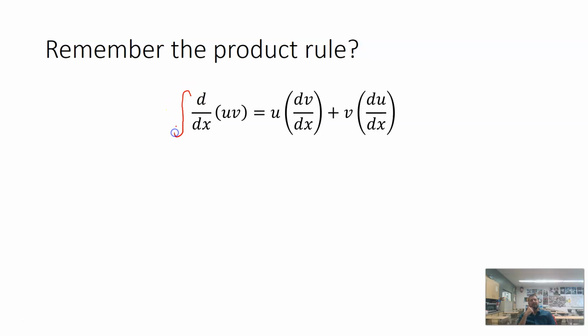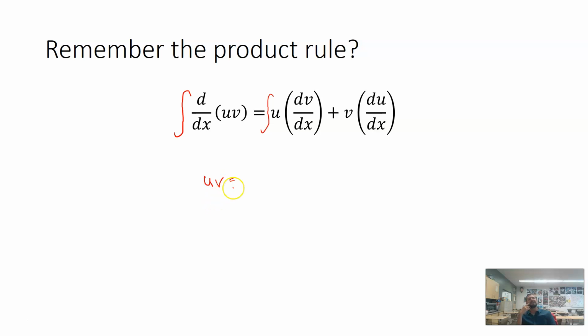What we could do is take the antiderivative of both sides. Right now it's just a formula, but if I think about this, the antiderivative and the derivative on the left-hand side cancel each other out.